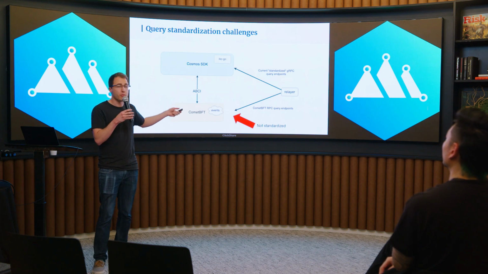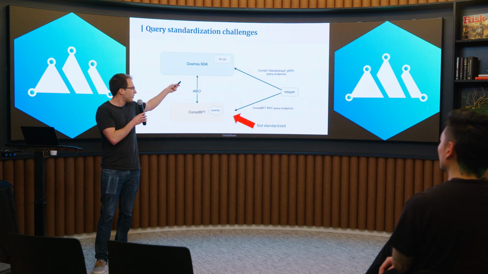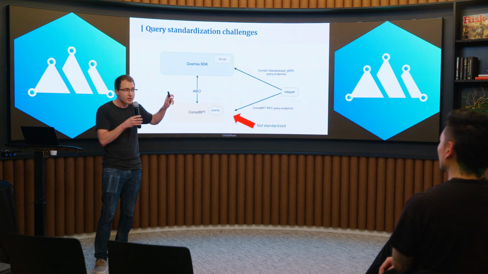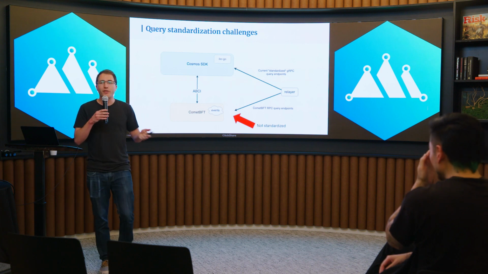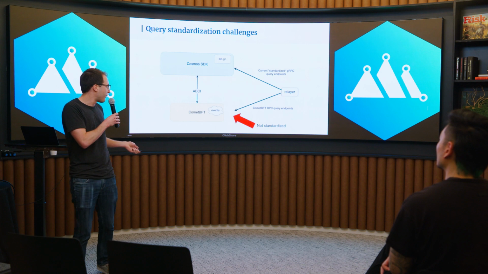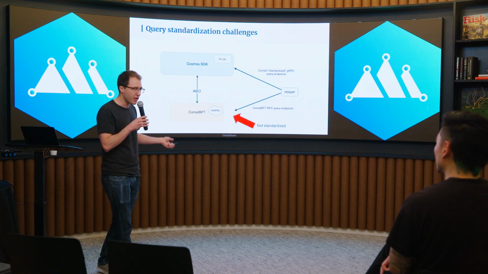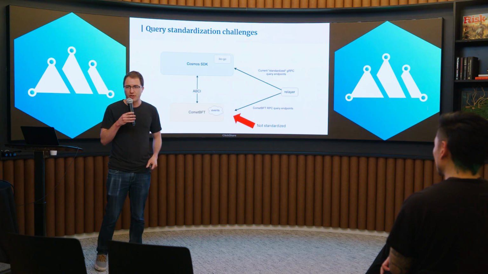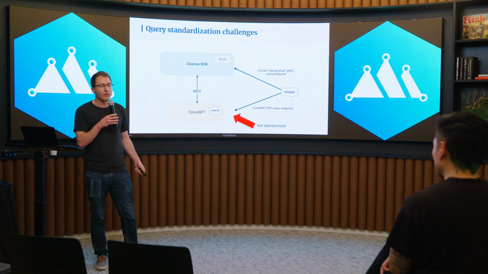And IBC Go is one of those modules. And so today's relayers, like on the right, are going to talk to the currently standardized, quote unquote, gRPC query endpoints in that IBC Go repo. And for whatever is missing, they'll use the custom RPC endpoints by Comet BFT. So Comet BFT exposes some query endpoints, and the relayers just talk to that for whatever's missing.